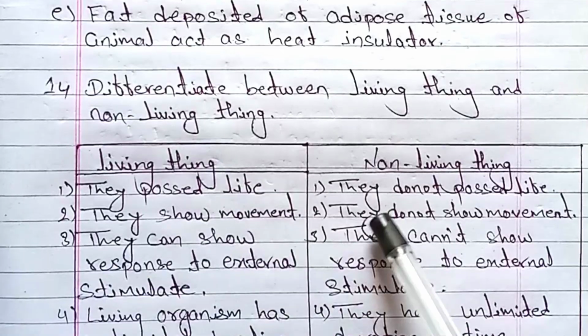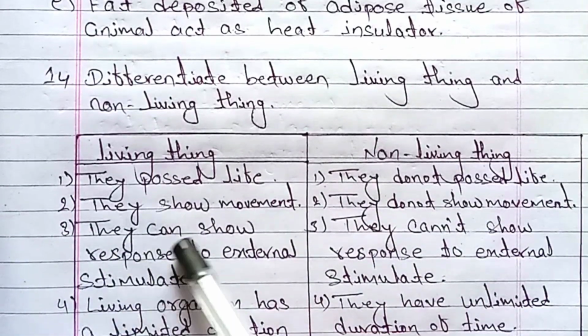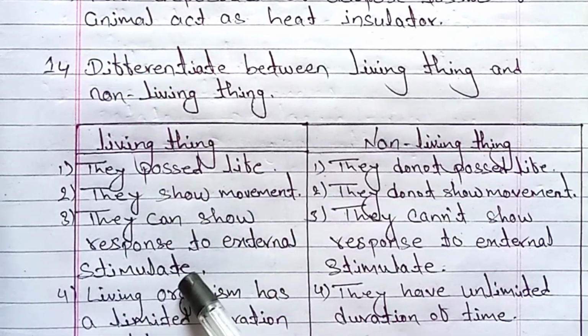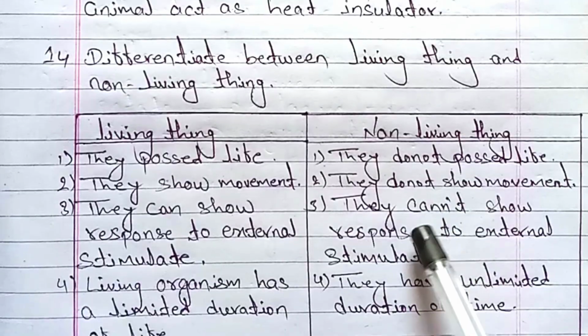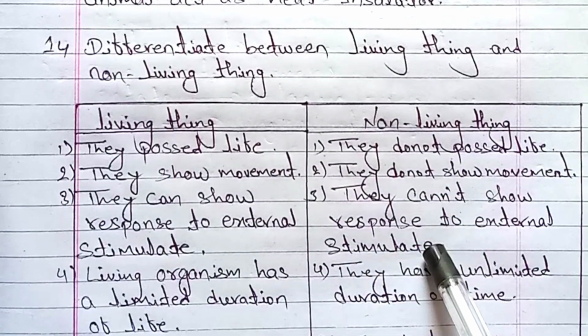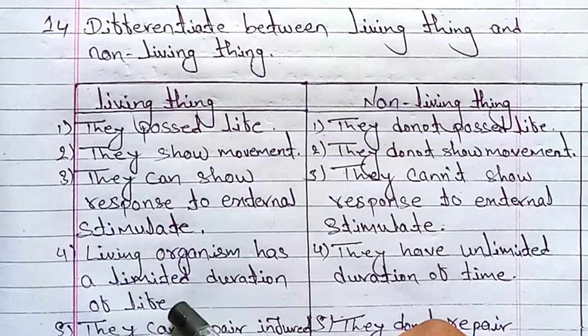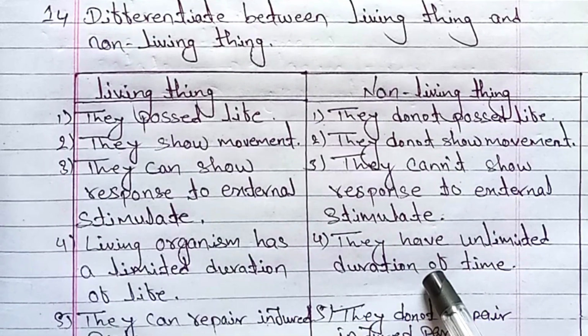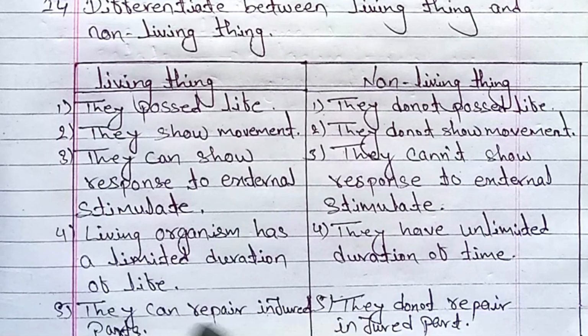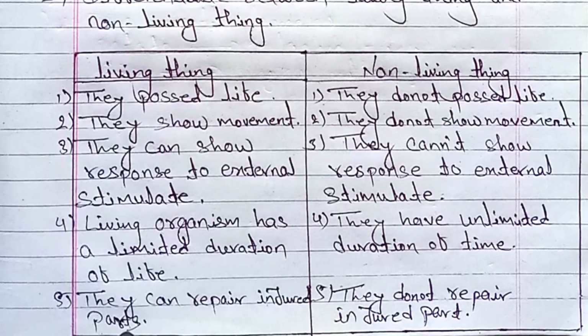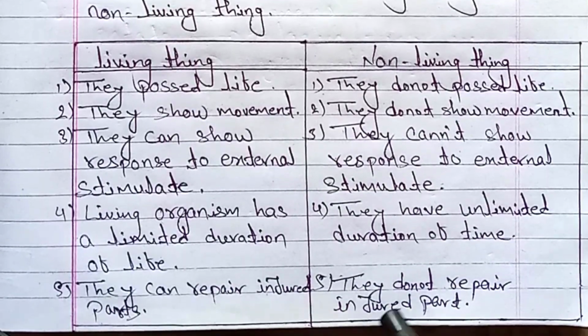They show movement; they do not show movement. They can respond to external stimuli; they cannot respond to external stimuli. Living things have a limited duration of life; non-living things have an unlimited duration of time. They can repair injured parts; they do not repair injured parts.